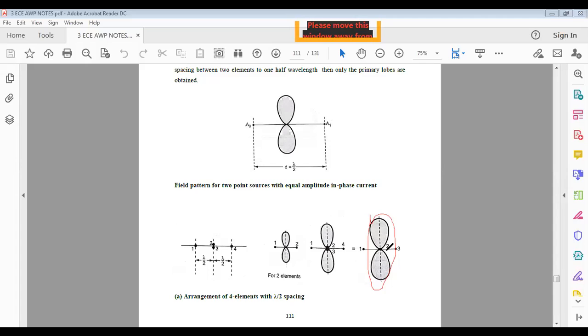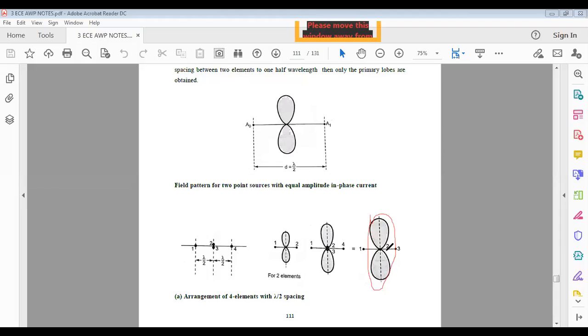Understand? What is the difference we observe between pattern multiplication and this binomial array? In pattern multiplication, the resultant radiation pattern is obtained by multiplying the unit pattern into the group pattern.